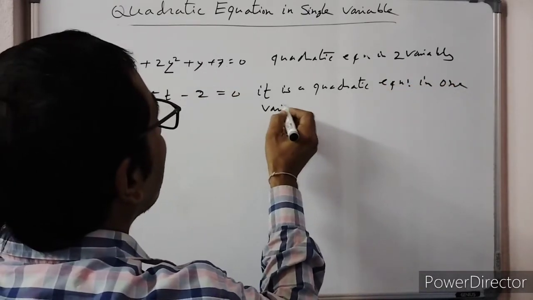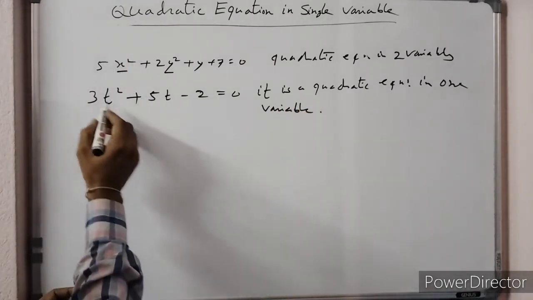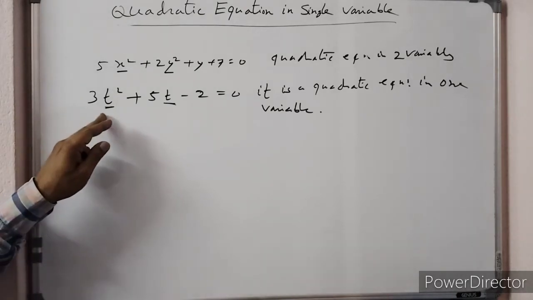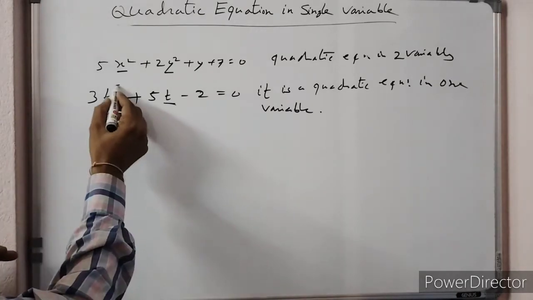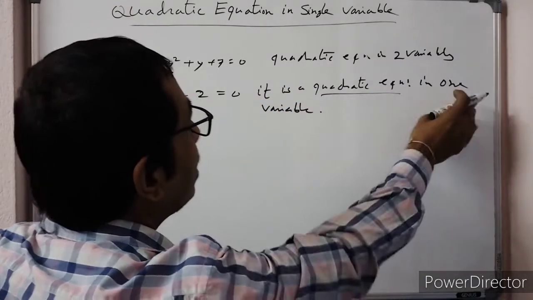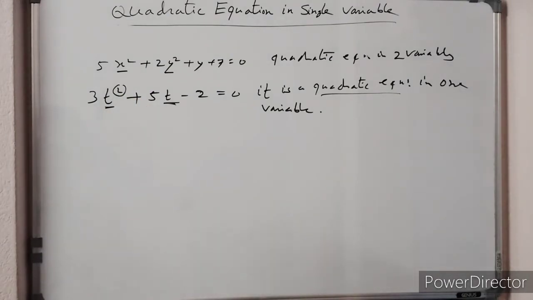There is only one variable, t. T is the variable here, and the degree of the equation is 2. Therefore, it is a quadratic equation in one variable. So our syllabus is a quadratic equation in single variable.